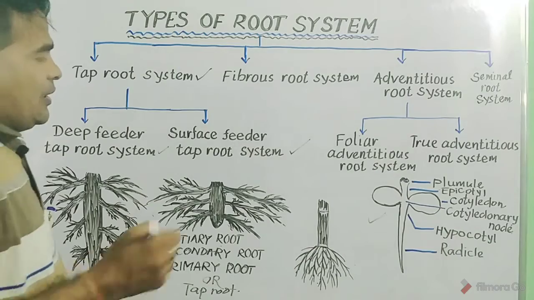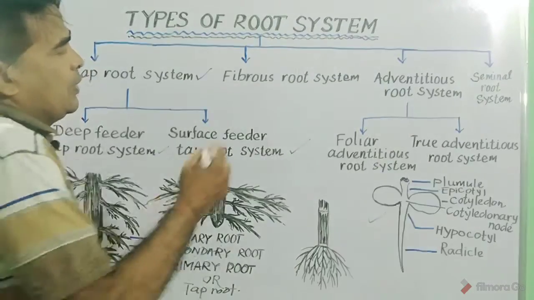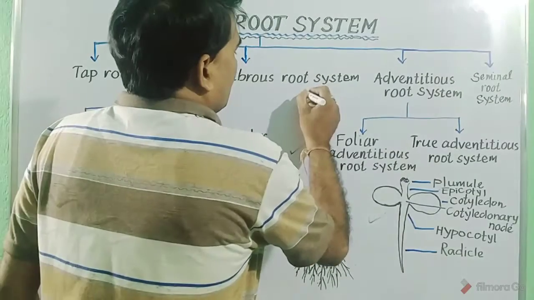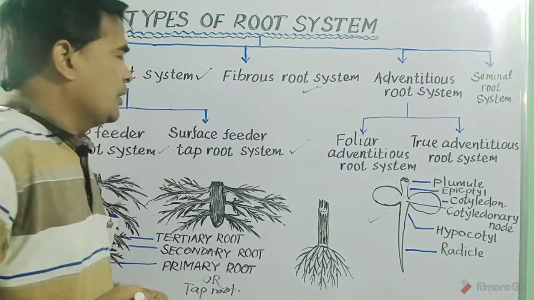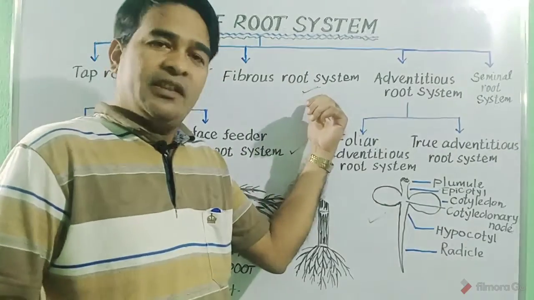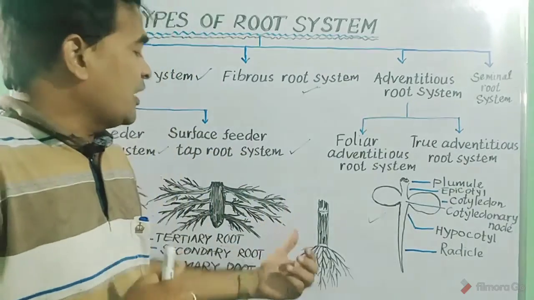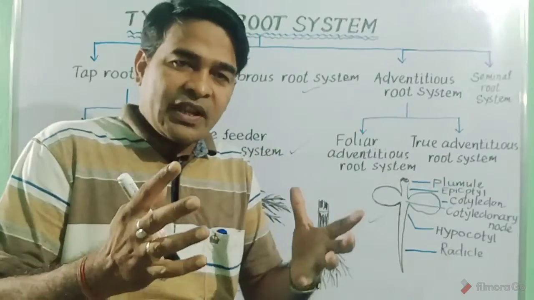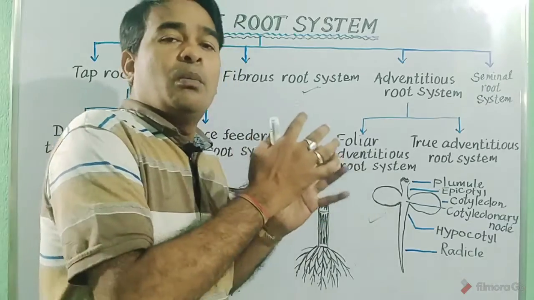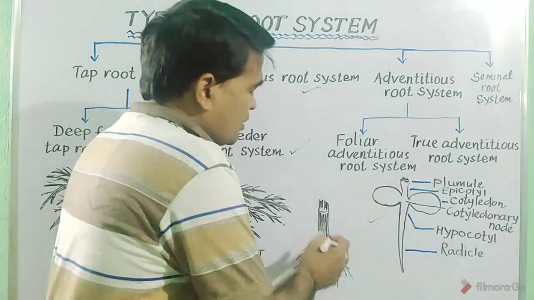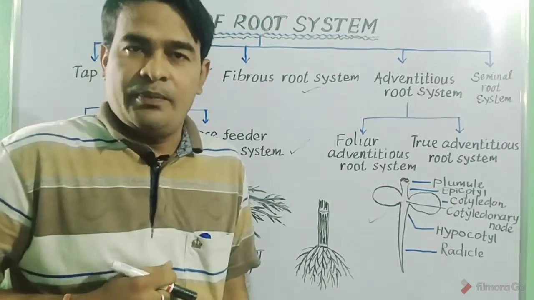Then we'll study about fibrous root system. So fibrous root system is formed of a number of thread-like branched roots of uniform size which form a bunch at the base of the stem.